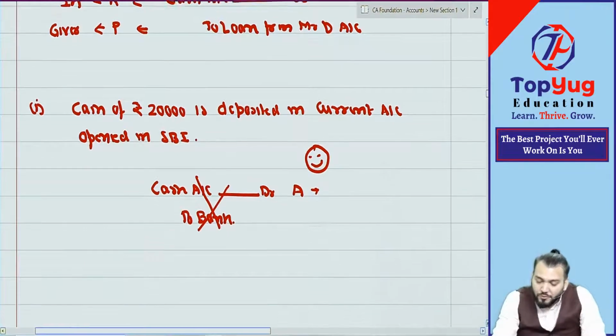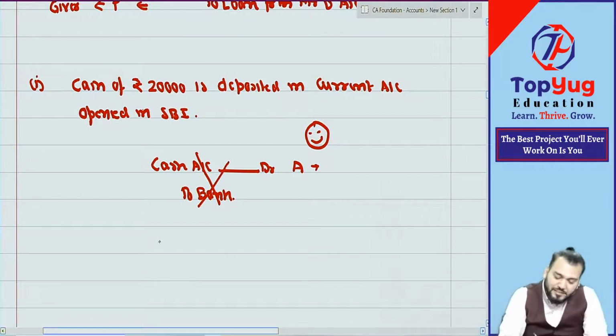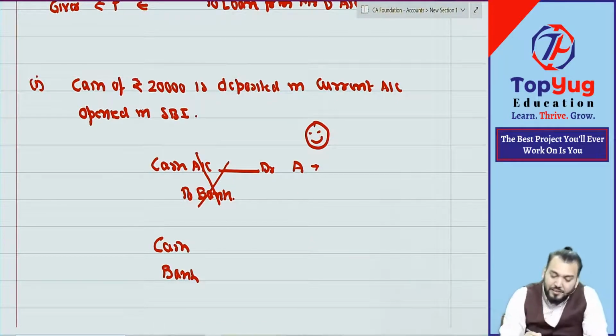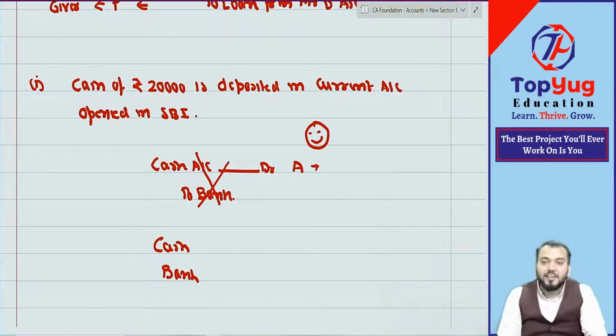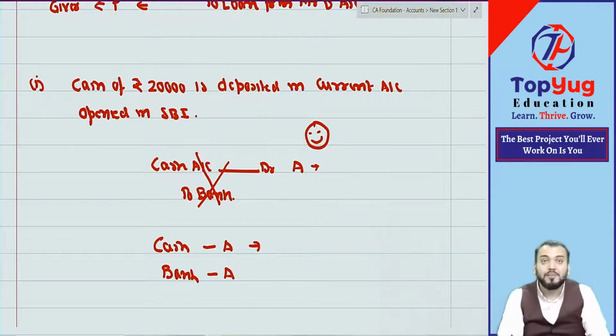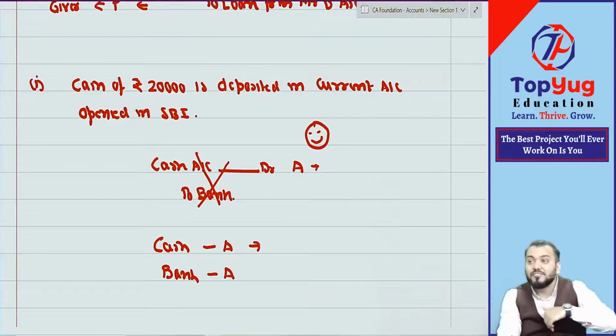So once again, I will say, just write down cash account is one aspect. You have understood the two aspects now. Before writing debit and credit, let us do the analysis. Cash is an asset and bank is also an asset, but the cash we have deposited means cash is going out.